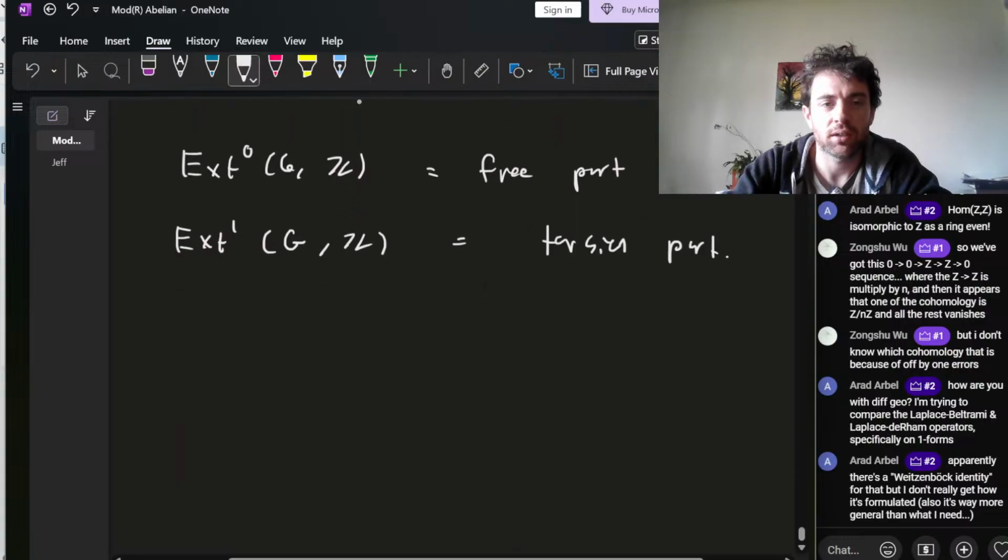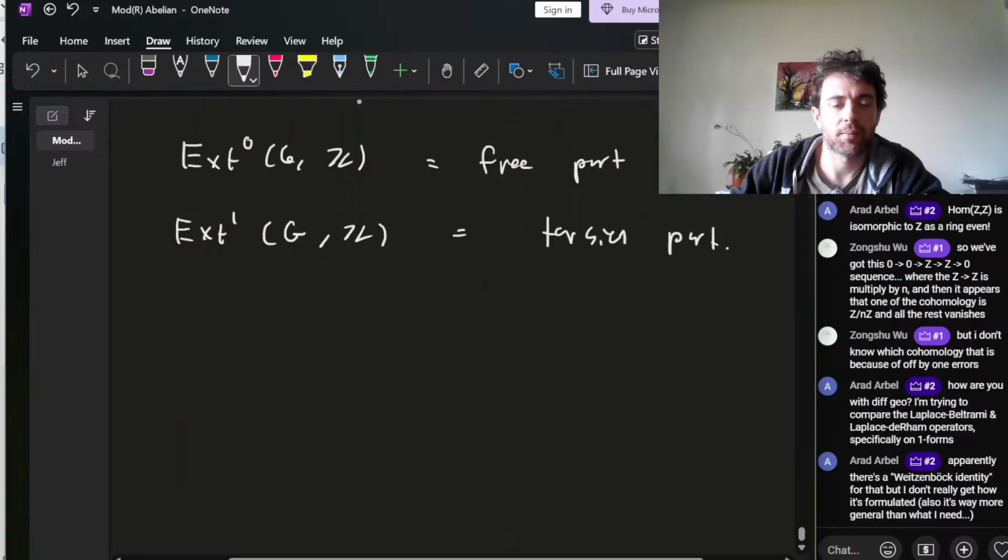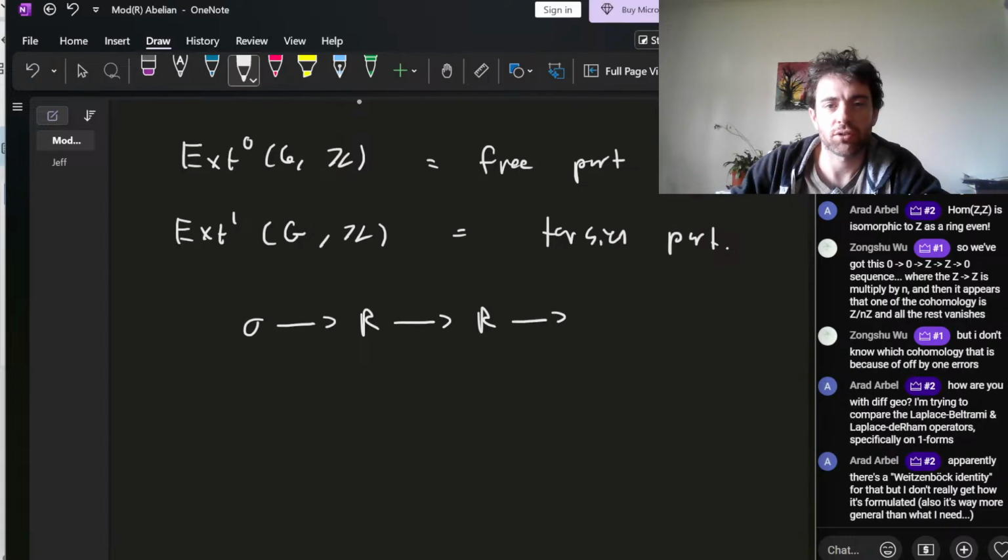By the way, in general, because free implies projective, this example immediately generalizes, even in the non-commutative case.